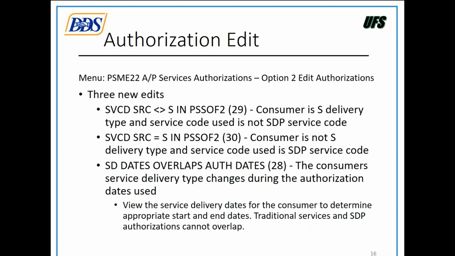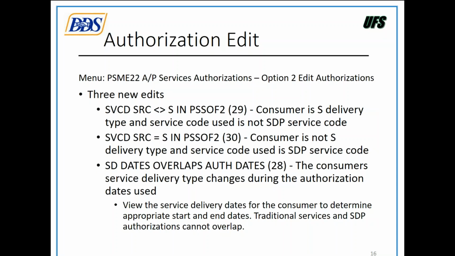And the last one, which may be more common, is the self-determination date overlaps auth dates. And this is where your consumer service delivery type changes during the authorization dates used. So as the consumers end their traditional services and go into the self-determination program, that date that gets used in the CLI SDP file is going to be looked at.